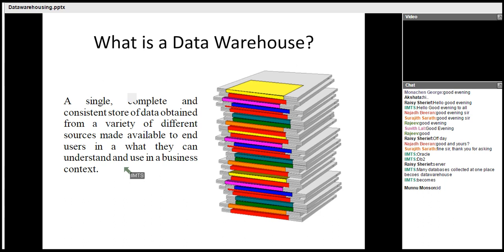So a data warehouse is a place where all the data from different sources is stored at one place, and it can be provided to the end user or to the top management, so that they can analyze that particular data, which is useful from the business perspective.